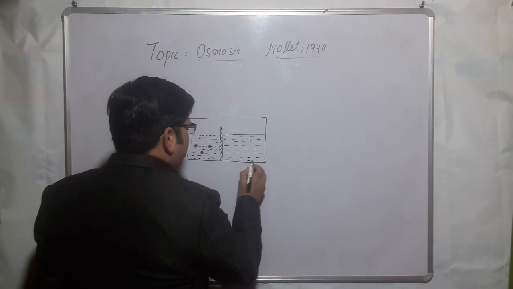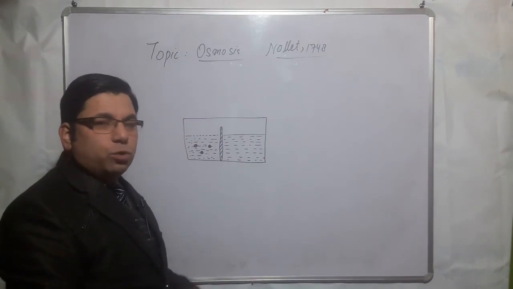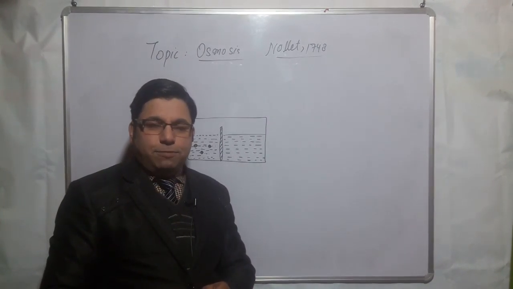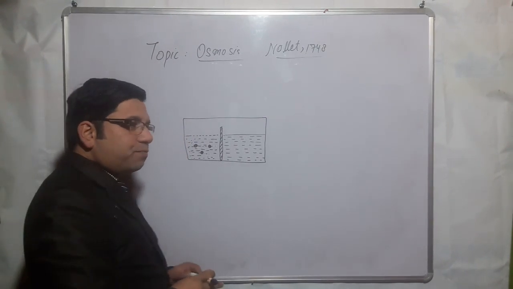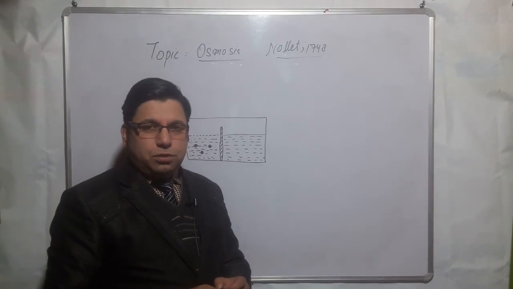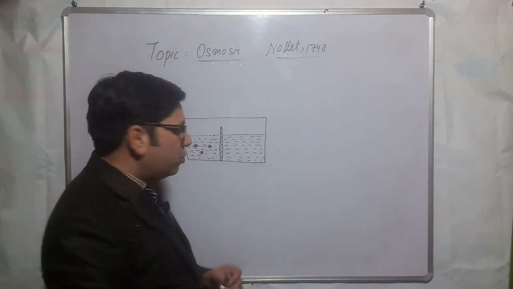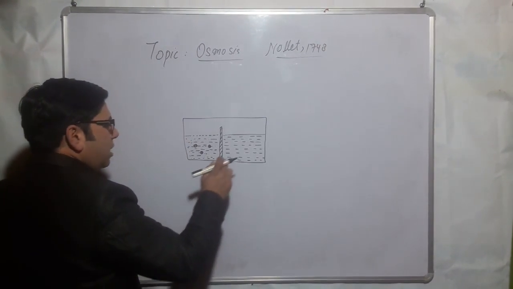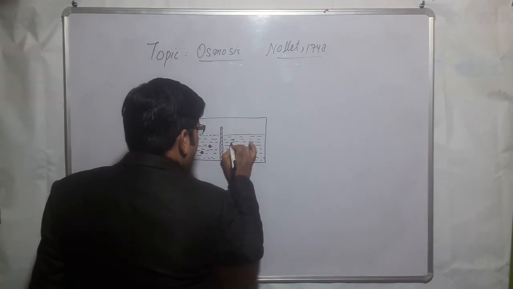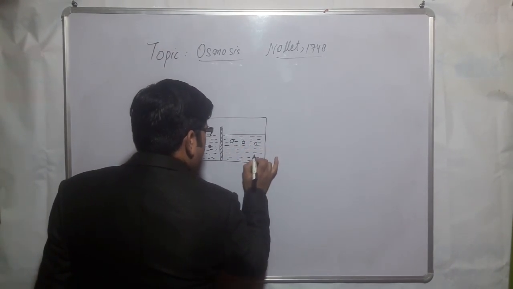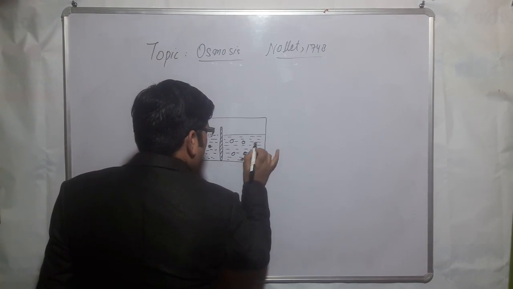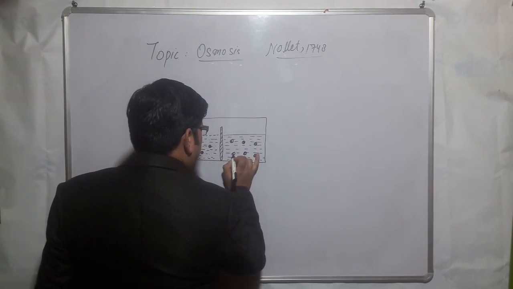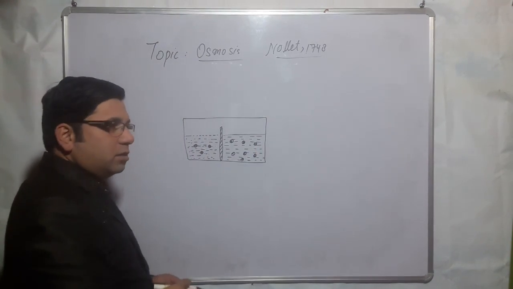Okay, so we have two solutions in front of us. This is one solution, which has less concentration of solute. That means the solution is less concentrated, and this solution is more concentrated. That means more solute is present in this solution.